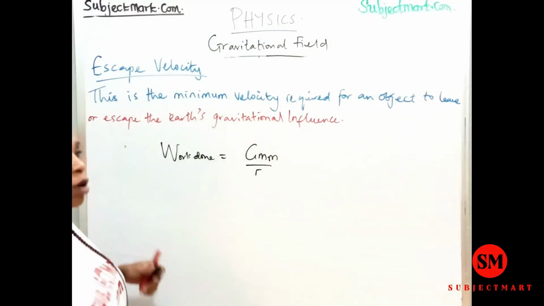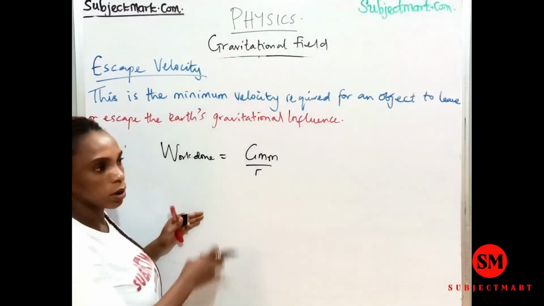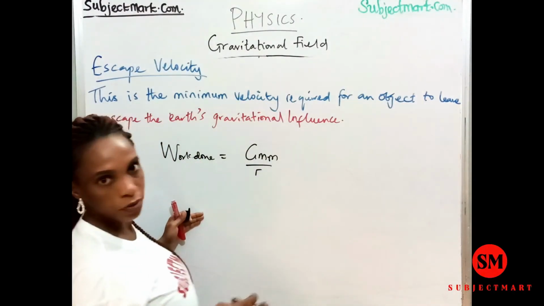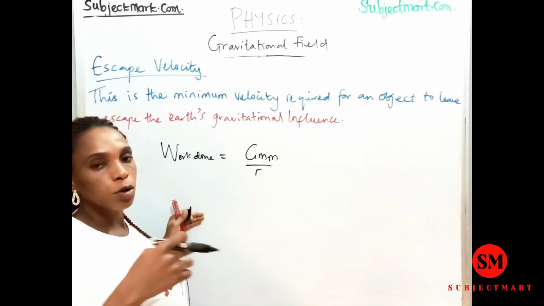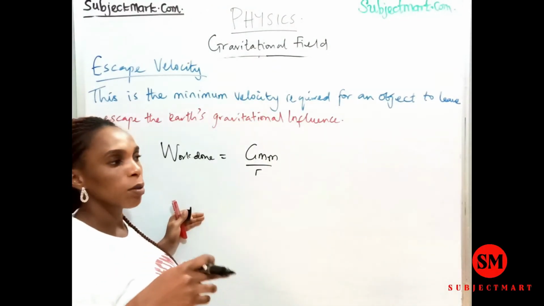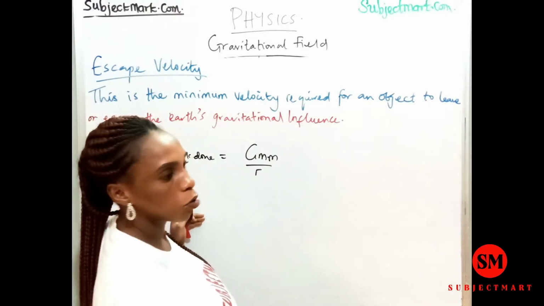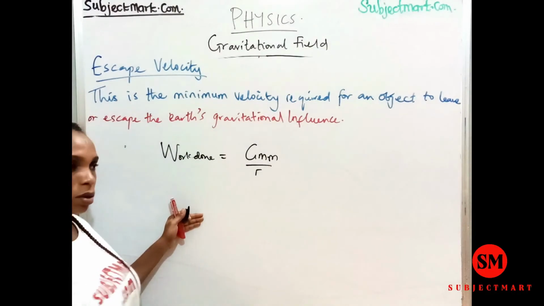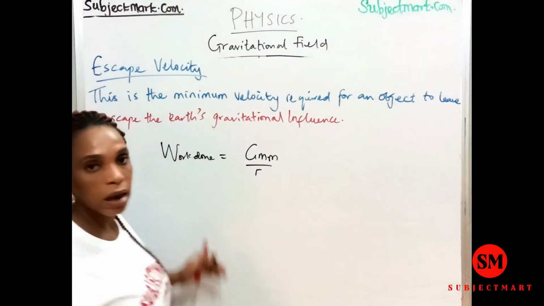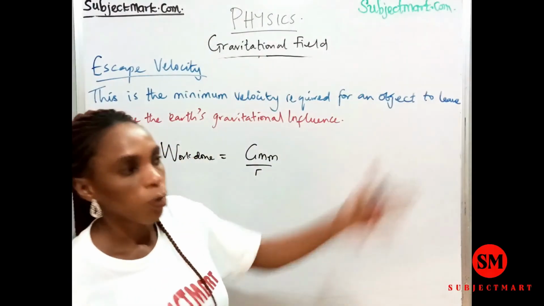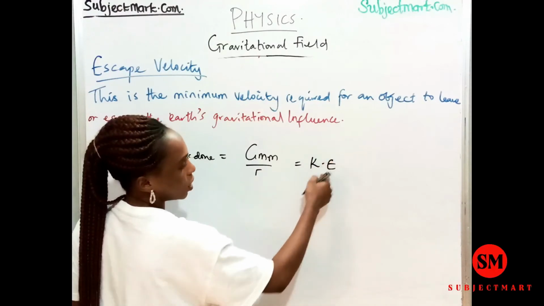How? Before you can move a body from that point to this particular point, that body will need to move. And we said that energy due to motion, or energy possessed by a body in motion, is called kinetic energy. So we can actually say that work done in moving the body from infinity to this point is the same thing as kinetic energy of the body.